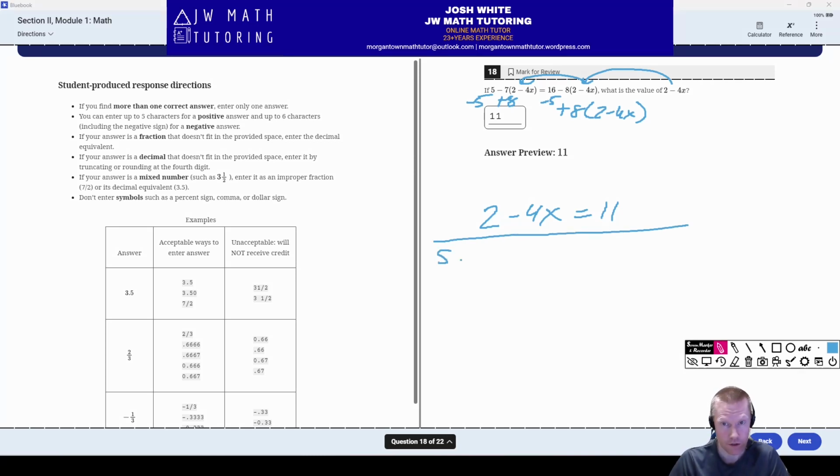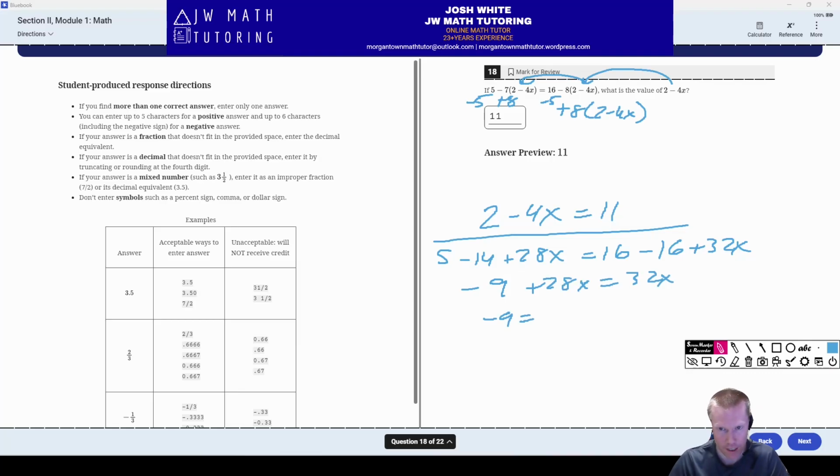So, just to go through all the steps, distribute the negative 7, and then distribute the negative 8. Let's just check my notes to make sure I've done everything correctly here. So we should have negative 9 plus 28x equals 32x.